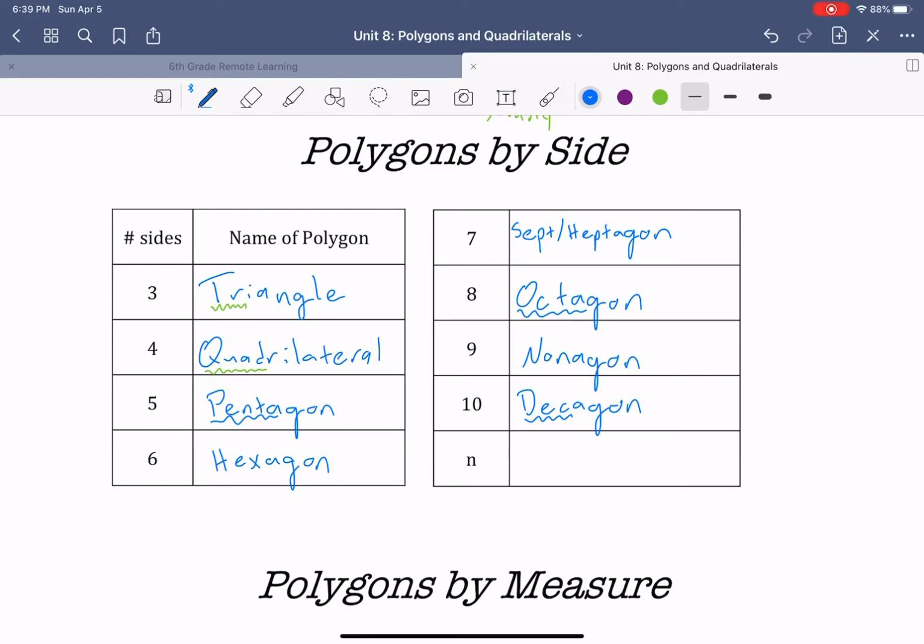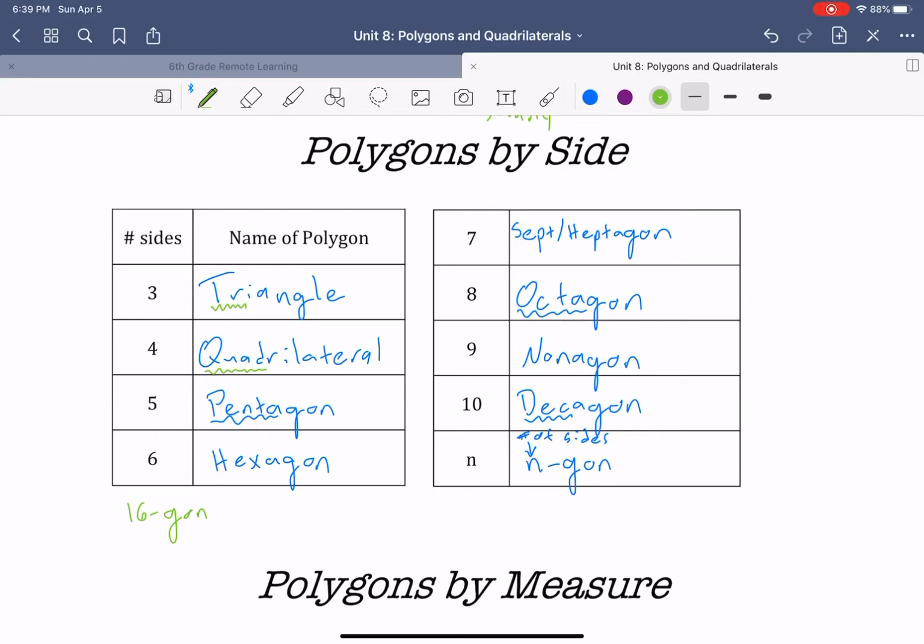And then anything above that, with a couple of exceptions, we have a special name for like 12 and so on, but anything above that is generally just referred to as an n-gon, where n is the number of sides. Okay, so if you had something that was 16-sided, it would be called a 16-gon.